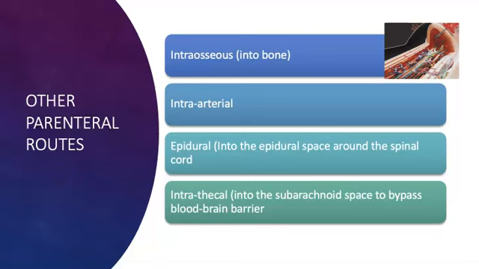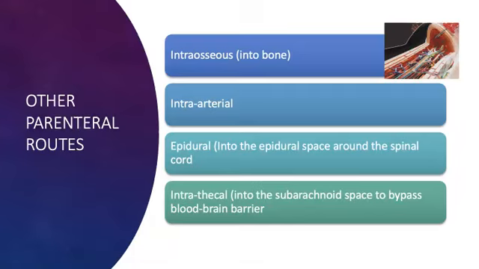There are some other parenteral routes that you potentially could be giving patients. They are intraosseous, or IO. If you have a patient who has an IO placed during a code, then we can administer medications that way, and typically they're placed in the humerus or in the knee. There are intra-arterial medications that can be given.